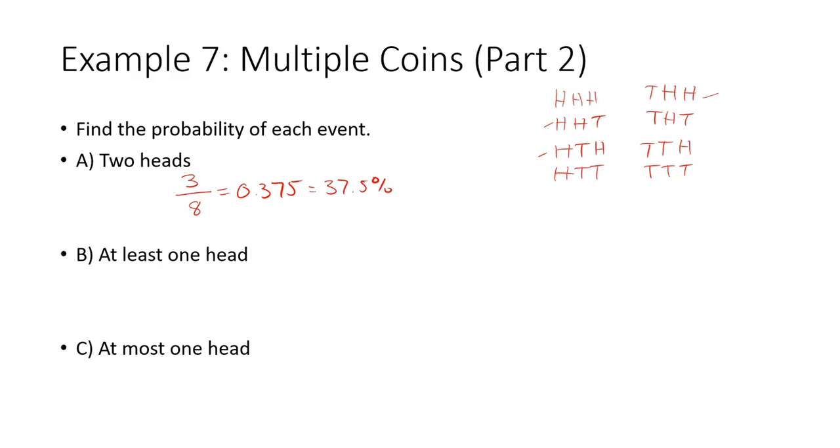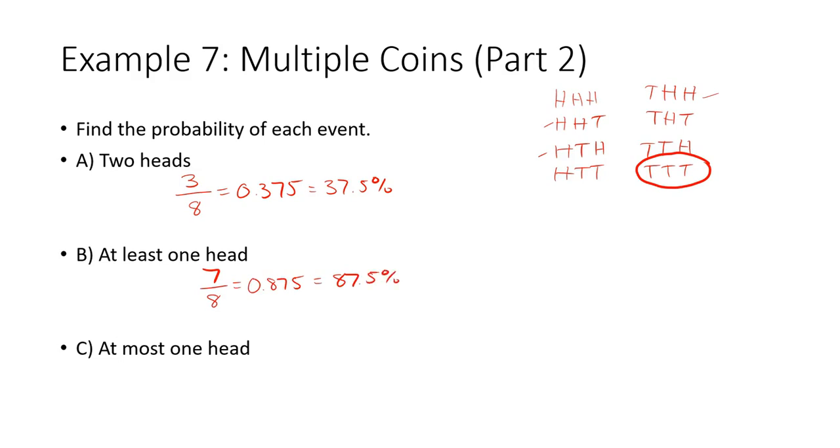At least 1 head. So that means the only one that's not going to work is just when we flip tails 3 times. So there are 7 outcomes that have at least one head out of a total of 8. 7 divided by 8 is 0.875, or 87.5%.